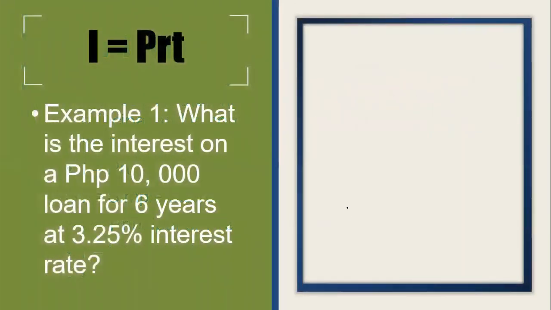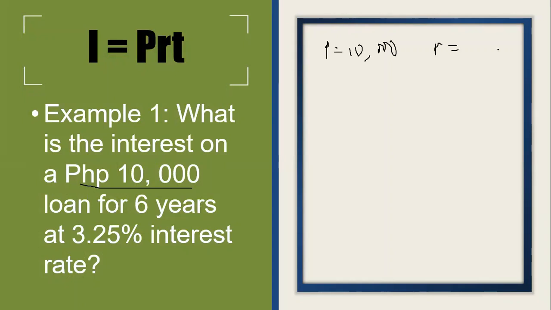Example number 1: What is the interest on a 10,000 loan for 6 years at 3.25% interest rate? So we have our P or the present value, which is 10,000.